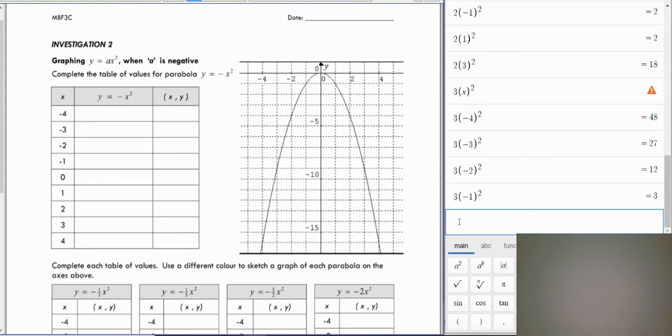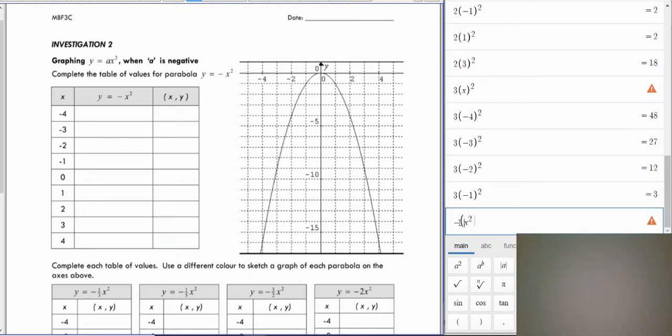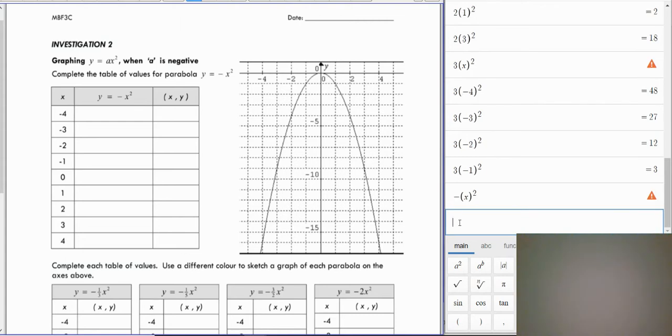So what's going to happen? We need a negative x, and we need to build brackets around x. Okay, so here we go. Copy that. Right, so from top to bottom, negative 4.